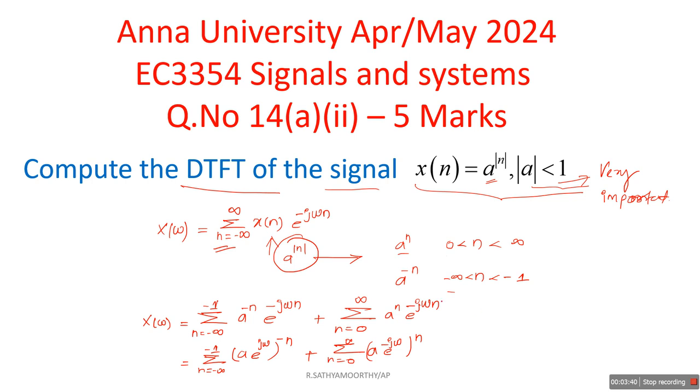Now we know the standard formula for this. What is the standard formula? The summation n equal 0 to infinity a power n can be written as 1 by 1 minus a if the value of mod a is less than 1.